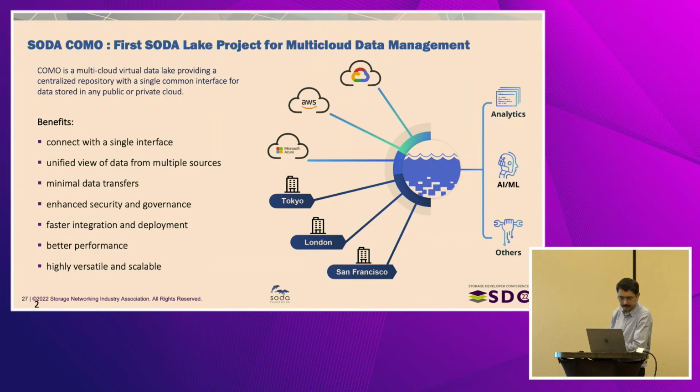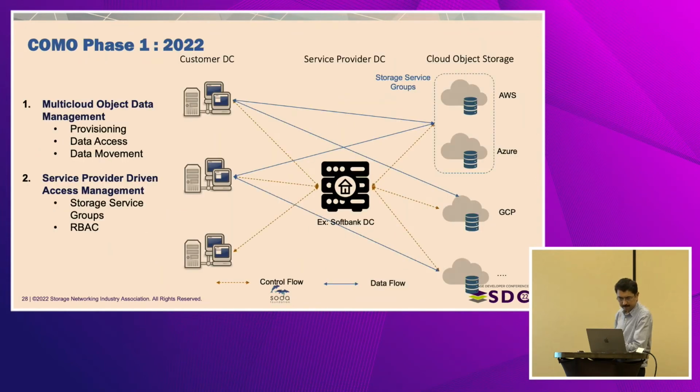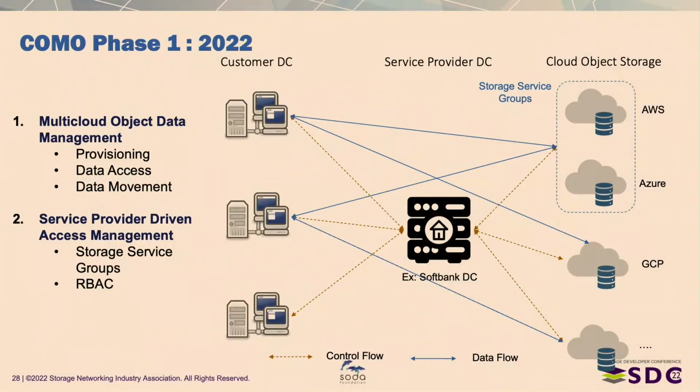That's what Como is about, and I think this year for phase 1, we are targeting object storage only in a couple of cloud providers, I think the 3 hyperscalers. And the most important part there is RBAC for the access management.